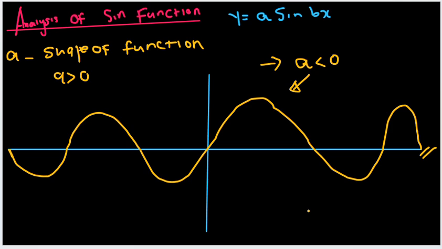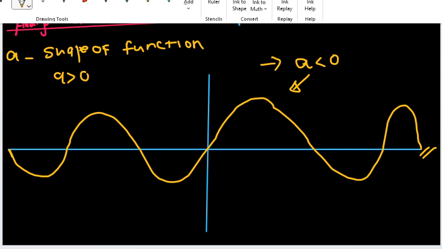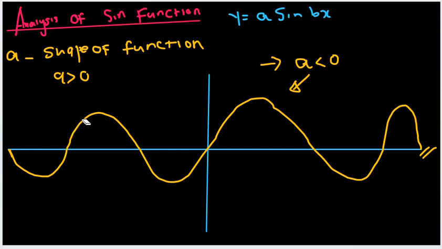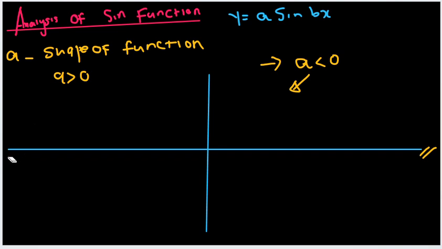If a is positive, the graph starts up and then ends down. If a is less than 0, the graph starts down and then ends up. That is what a does. It presents how the graph will start, the shape of the graph.